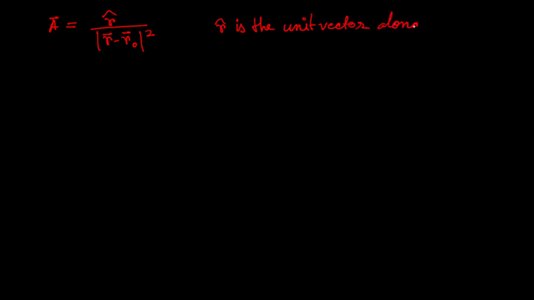And then if I ask you, instead of this, if we have a vector, let's say a vector equals r cap divided by r minus r naught whole square, where r cap is the unit vector along r minus r naught, and we want to take the divergence of this vector a, what should we write from this result?